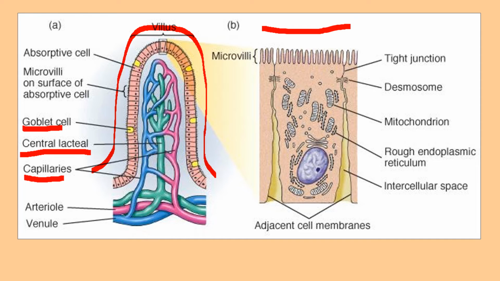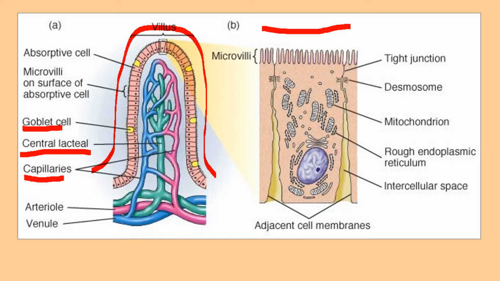The second type of vessel that we have here inside of the villus is a lacteal, and here it's shown in green. What a lacteal is, is a blind-ended lymphatic capillary. So we talked about the lymphatic system when we covered the cardiovascular system, and I hope you remember that the lymphatic system is responsible for collecting excess interstitial fluid and moving that interstitial fluid, which is now called lymph, and eventually returning that fluid to the cardiovascular system.